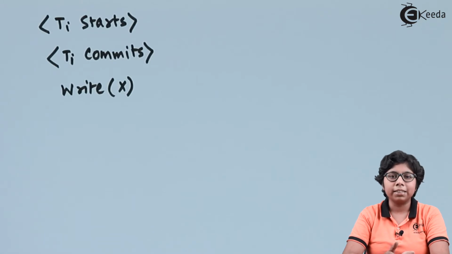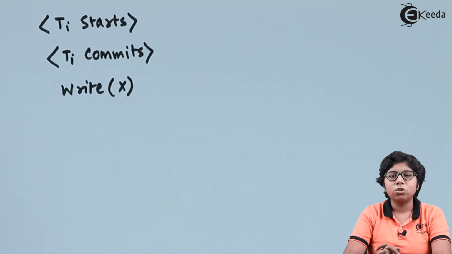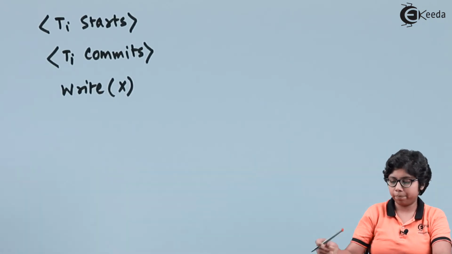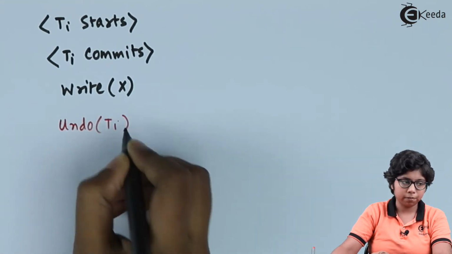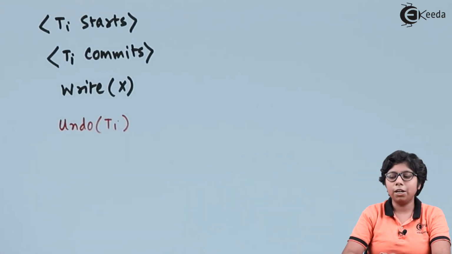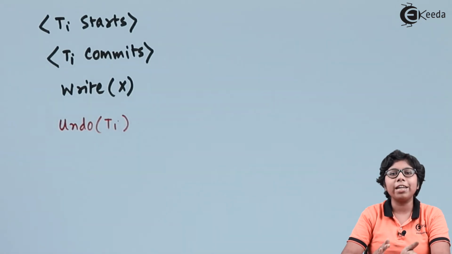Now, suppose Ti is aborted, that is, unsuccessfully terminated due to some logical error or system error. Then the data modified by it should be restored to the previous value recorded before the execution started. So this recovery algorithm uses two functions. The first one, undo Ti, recovers all the data updated by the transaction Ti to the old values from before the execution of Ti.